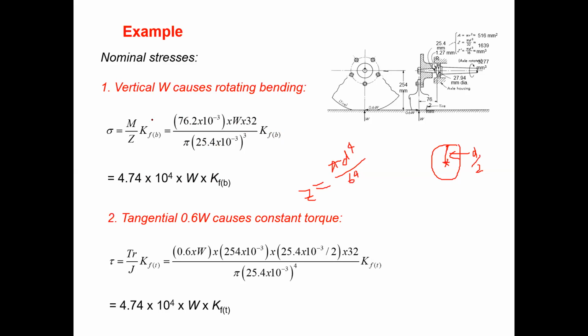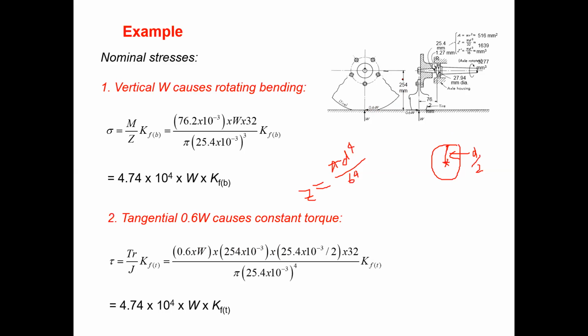So due to the vertical W, there is a bending. Okay. And the shaft will be rotating, so that's why it's called rotating bending. Then tangential 0.6 W, that means this one. Due to that, there is a torsion. I told you there is a torsion. So you can find the torque by multiplying 0.6 W by this distance. So you will get the torque T value.